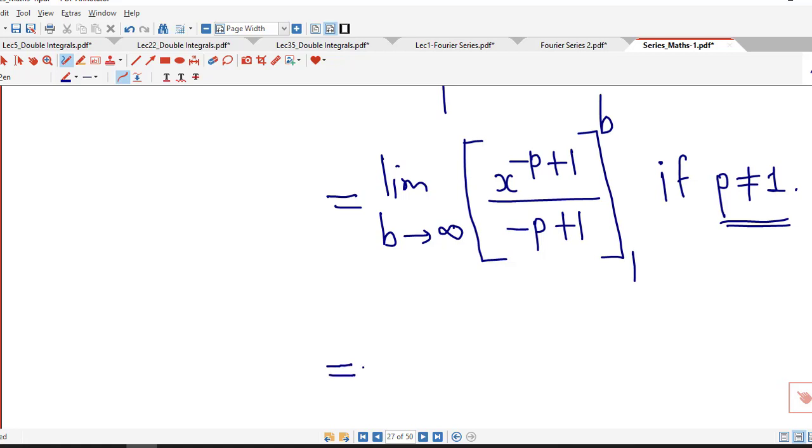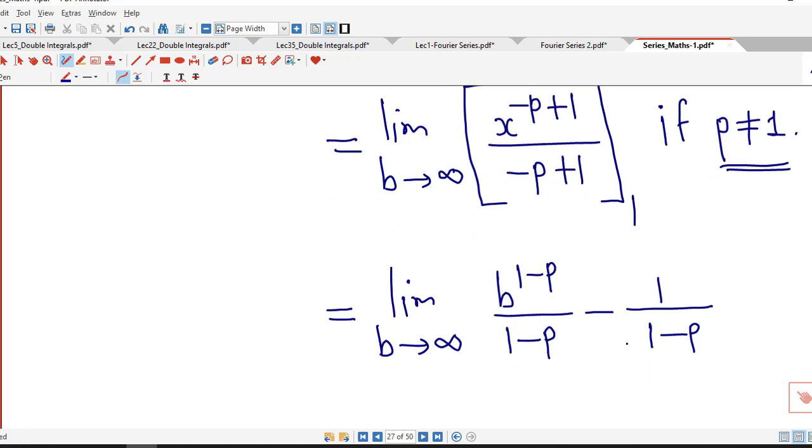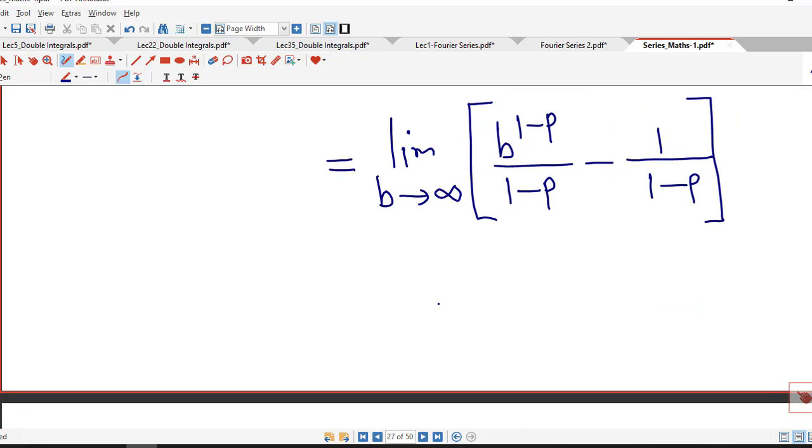Now we put in the limits: the limit as b tends to infinity, where the upper limit for x is b, so we have b raised to 1 minus p divided by 1 minus p, minus, when x is 1, 1 raised to 1 minus p is 1, so minus 1 over 1 minus p. We can rewrite this, since 1 over 1 minus p is independent of b.